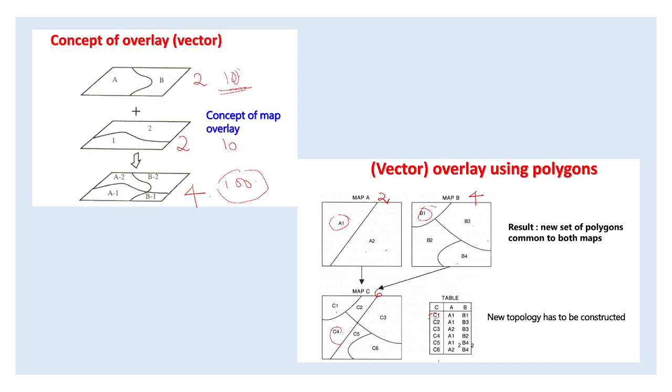C4, if you take, C4 has information of A1 because it includes that part, and in terms of B, it has information of B2. If you take C3, it has information of B3 and A2. So here you can see, in case of A, the subclasses are A1 and A2. And in case of B, it is B1, B2, B3, B4. And then C has 6. So accordingly, you have a new topology that has been constructed.